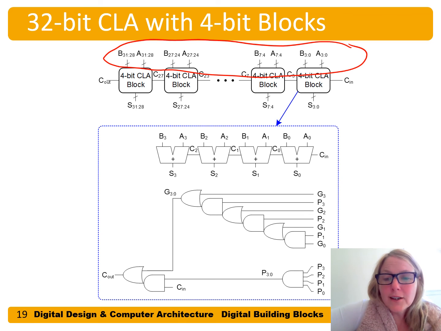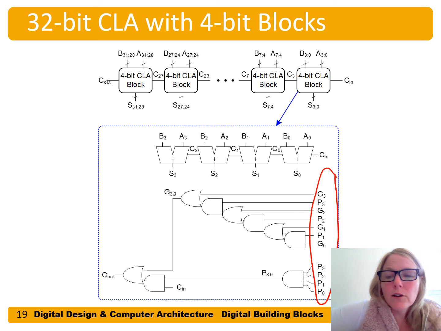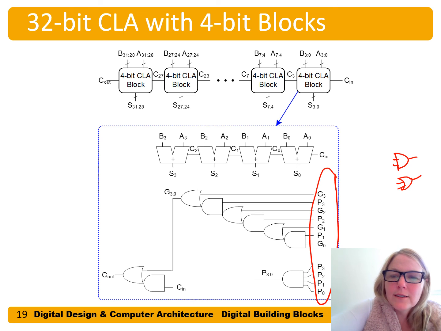One gate delay later, either an AND gate or an OR gate, we have all of our column propagates and generates available, after either one AND gate delay for generates or one 2-input OR gate delay for propagates.